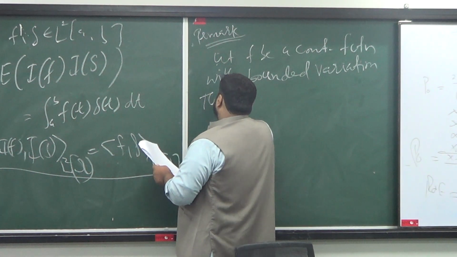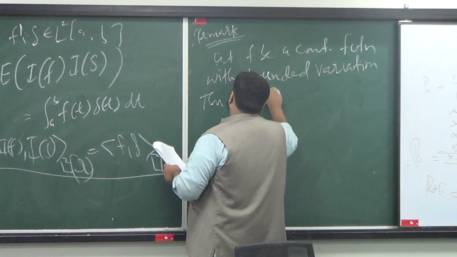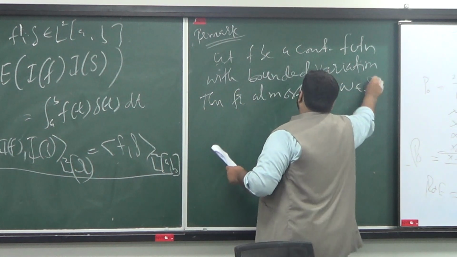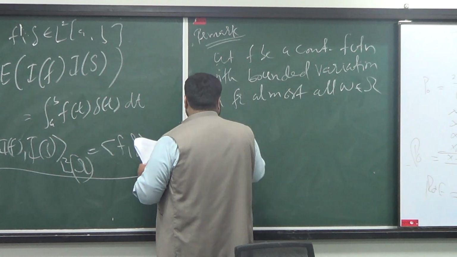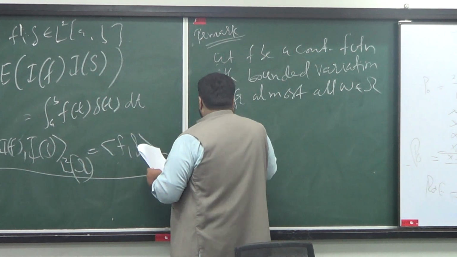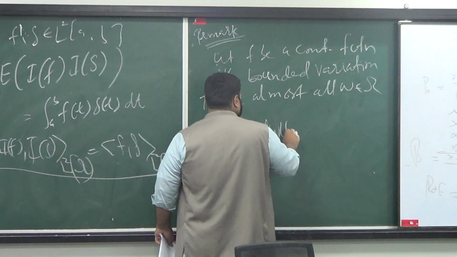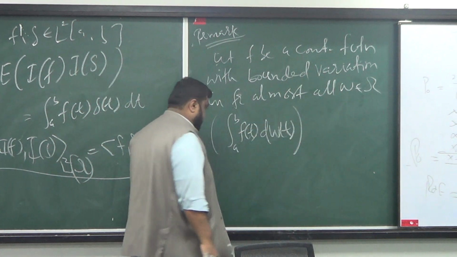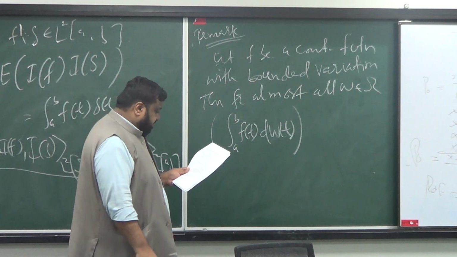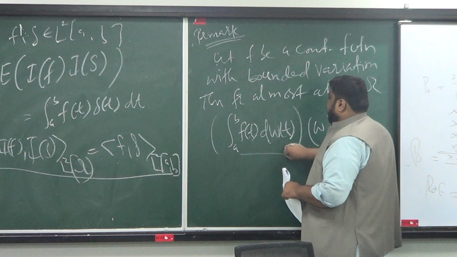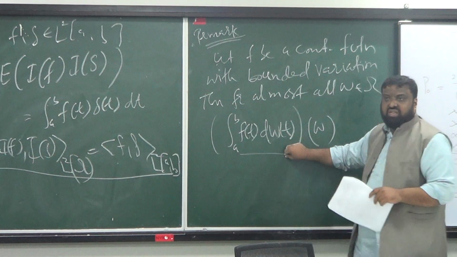then for almost all omegas in omega, if you take this random variable, the Wiener integral of f of t dW_t, and evaluate it, would this make sense actually?